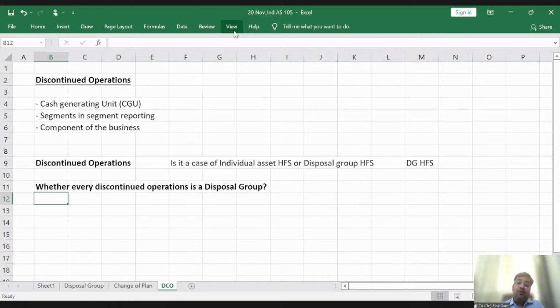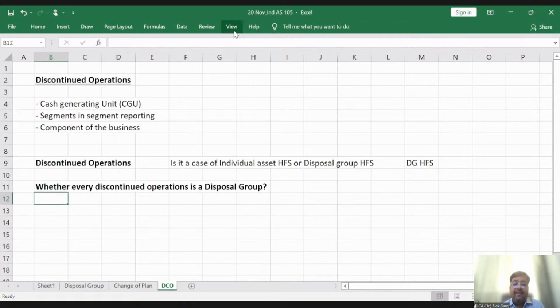Friends, the moment I have decided that I will discontinue my auditing vertical, which is one of my important revenue generating verticals, right? And of course, tomorrow, let's say if I'm a listed institute, and tomorrow when the user will look at my balance sheet, my P&L, probably my declining revenue trend will be there.